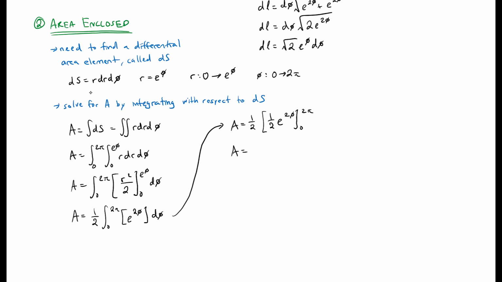Now a is equal to 1 over 4, and we have e to the 2 times 2 pi, so e to the 4 pi minus e to the 0, which is 1. So just by going through these two exercises, we've been able to figure out the circumference and the area enclosed of one full rotation of Archimedes' spiral.